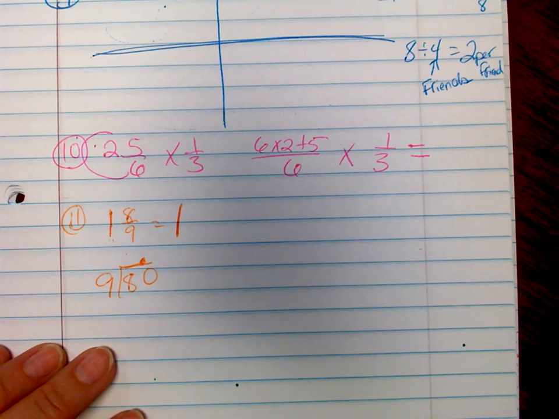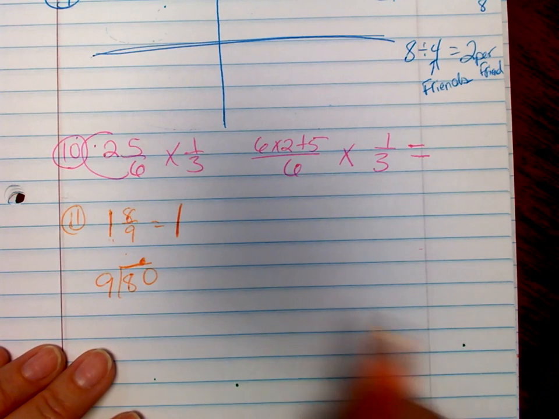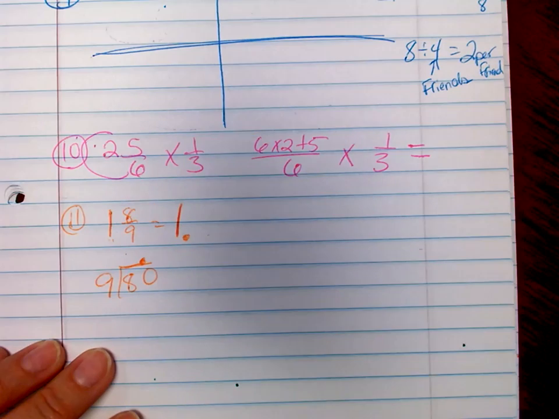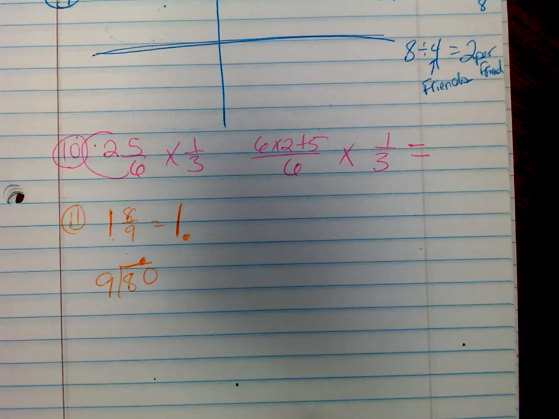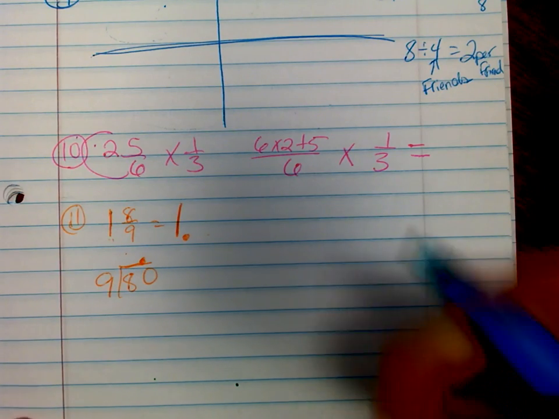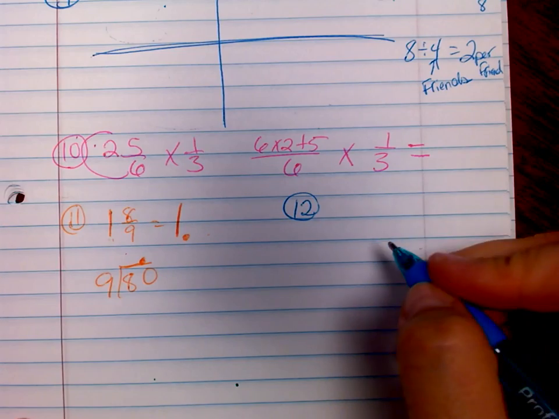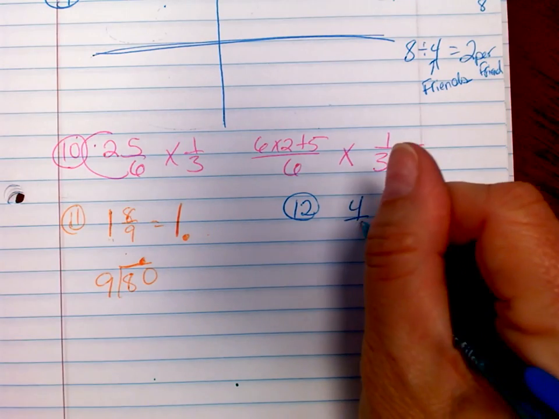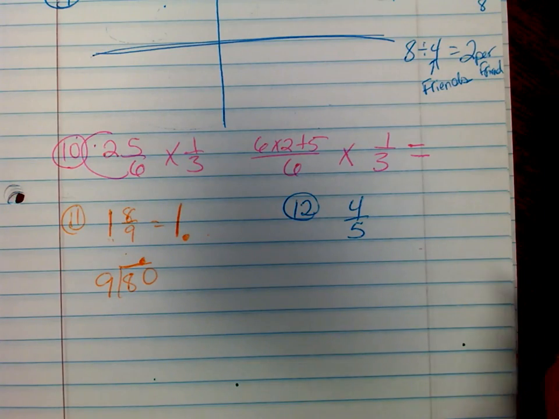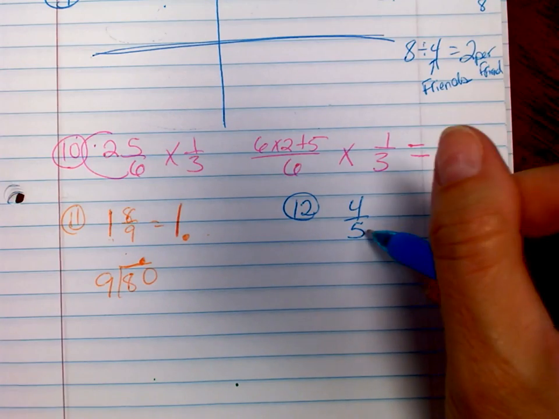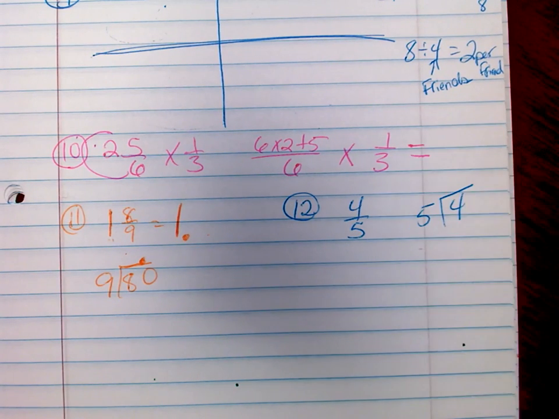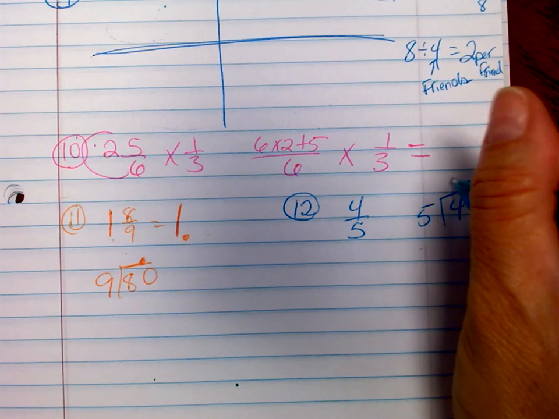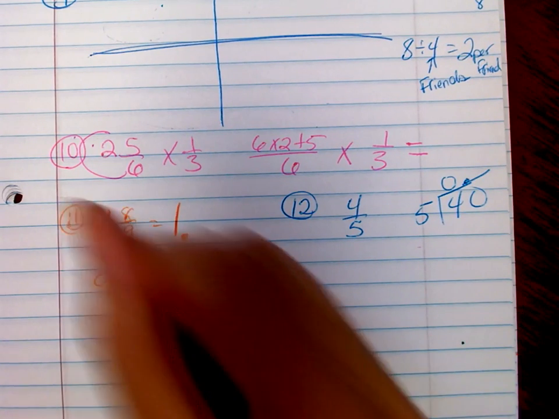Find out what that's going to be as a decimal. And then, of course, your decimal would be right here. Okay, we have 12 would be 4/5. So again, to change a fraction to a decimal, 4 divided by 5. That's rather good.